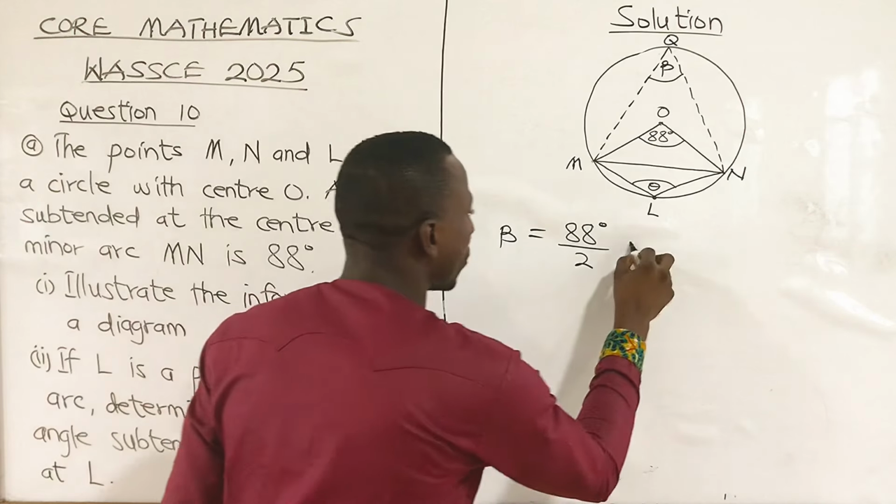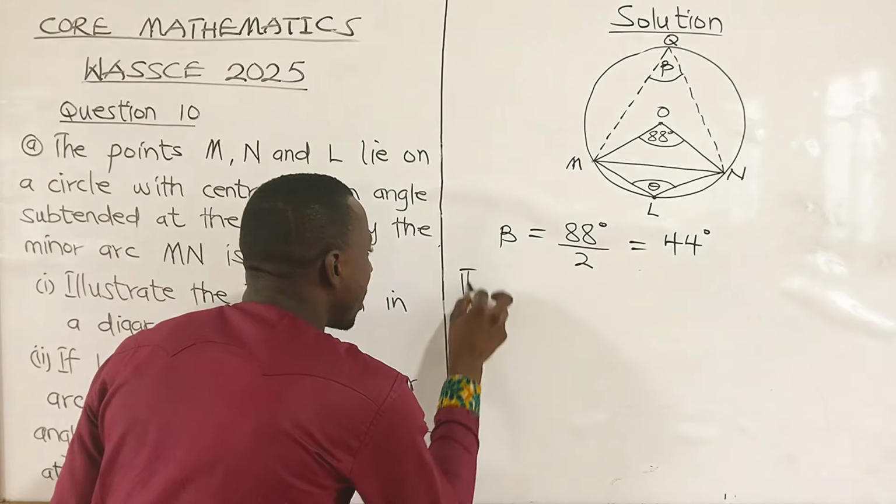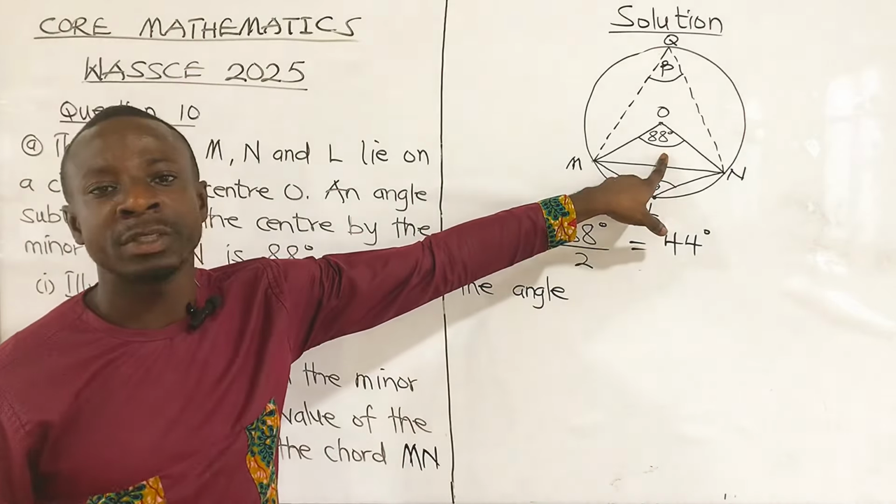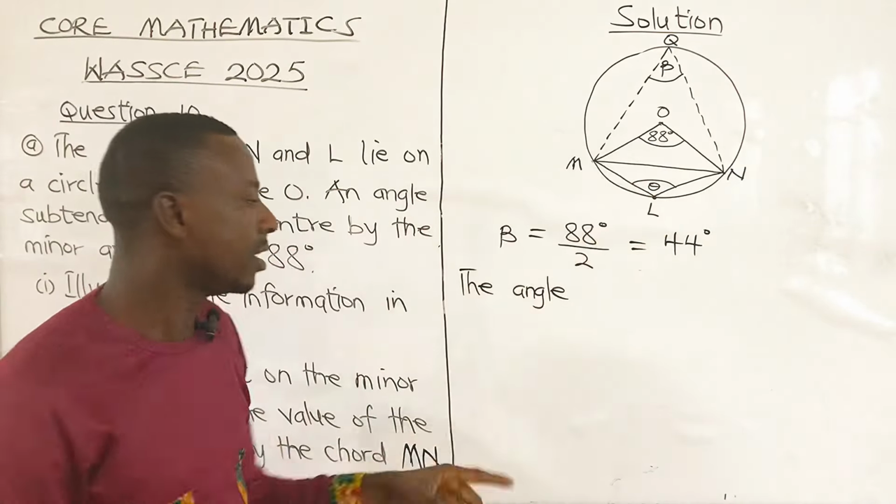And I'm going to state the reason. This is the reason. The angle that I have written here, I am referring to the 88 degrees. So the angle subtended by the chord MN to the center O is twice the angle, and now the second angle is the beta that I have indicated here.